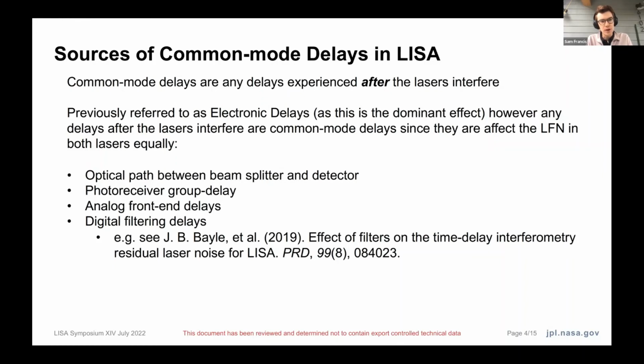The optical path between the beam splitter and detector is one potential source. But I think in LISA, given the way the optical benches are built, and obviously between spacecraft, these optical benches are matched very accurately, this isn't going to be a big source of delay. Instead, we think it's probably the photoreceiver group delay, as I mentioned in the intro. But other sources could be things like the delays through the analog electronic front end of the phase meter, or even potentially filtering delays inside the phase meter.